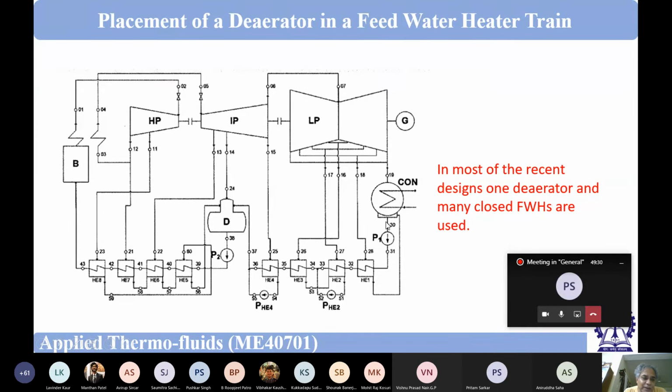Condenser is the lowest pressure, and the turbine inlet or boiler is the highest pressure. So when it is going to the higher pressure towards the boiler, we use a small pump, and when it is going backward towards the condenser, we do not use any pump. Okay. So this is one thing.